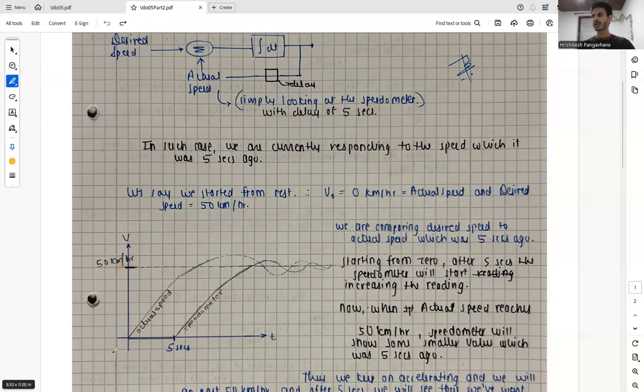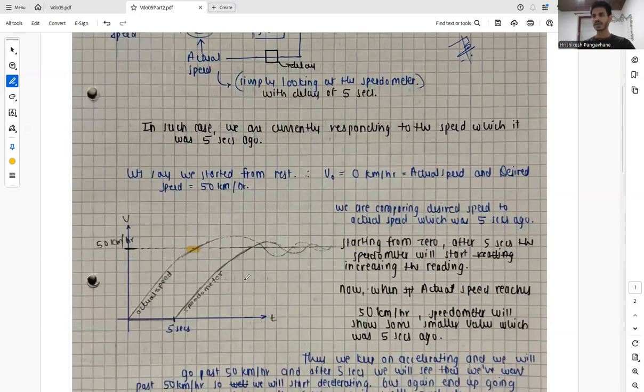Now when the actual speed reaches 50 kilometers per hour, the speedometer will still show some smaller value, which was the speed 5 seconds ago, and thus we keep on accelerating and go past the desired value of 50 kilometers per hour.